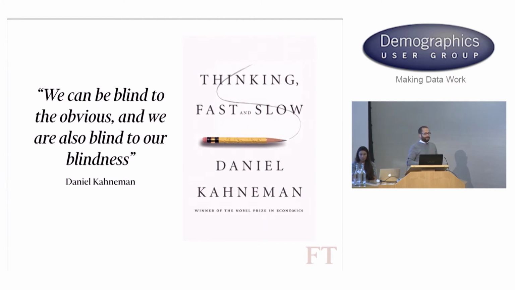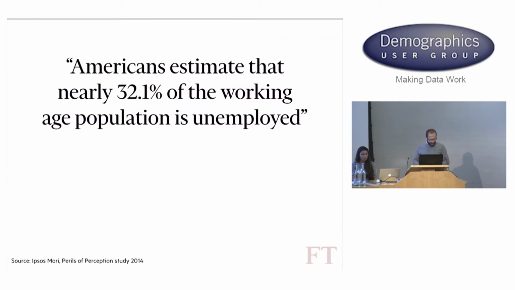Actually, people have their own intuitions about what data values might be, and so surprise is one of the things where you can correct it. And so Ipsos Mori have done a whole range of studies under this tag of Perils of Perception, which are brilliant for highlighting how different people's perceptions of data are from the reality.